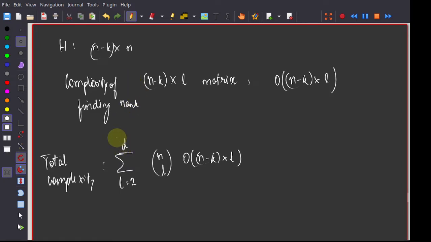Up to d minus 1, they're all going to be linearly independent. As soon as I hit d, at some point I'm going to get that it is not full rank. And then I can stop. I don't have to proceed. So the maximum complexity is going to be the summation from L equal to 2 to d of n choose L, times order n minus k times L. This is to find d, yes.